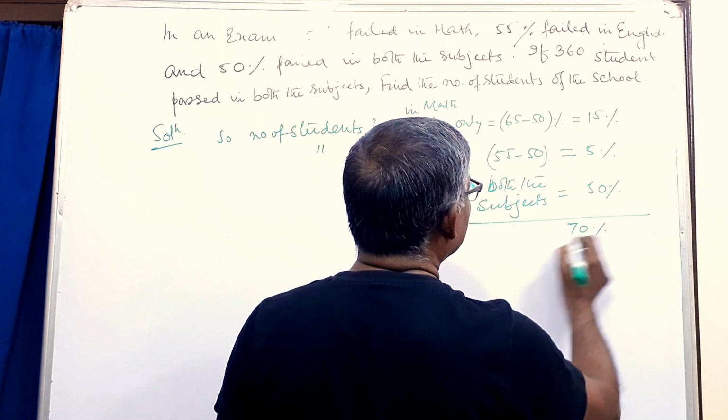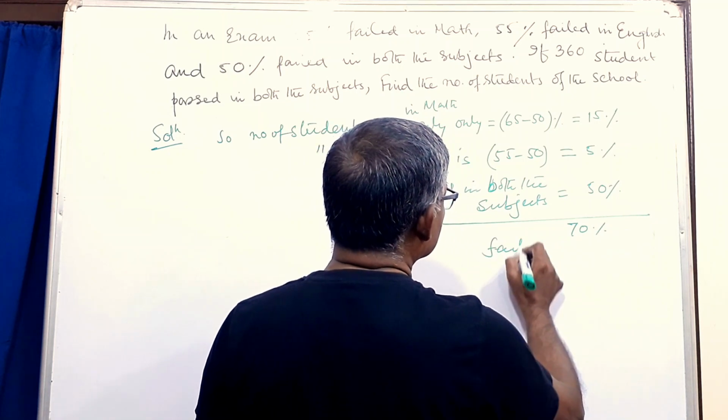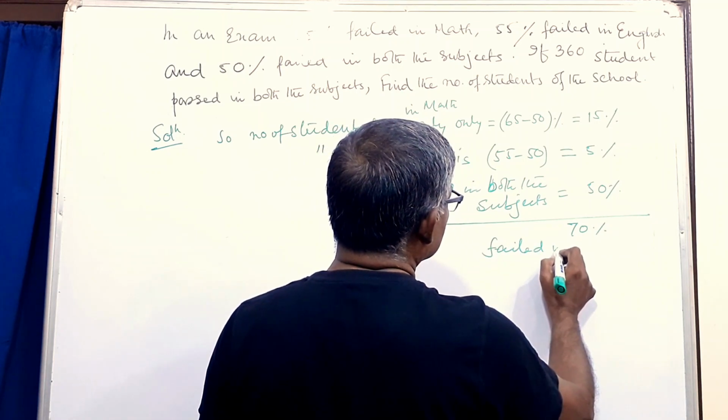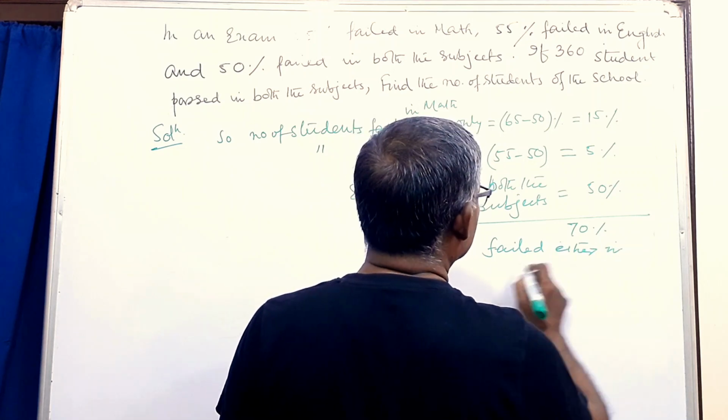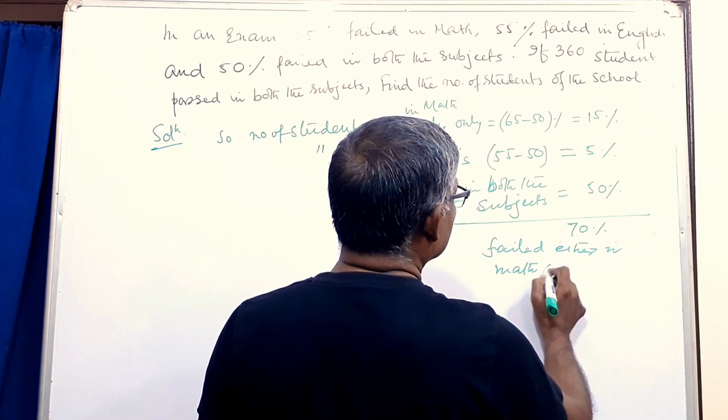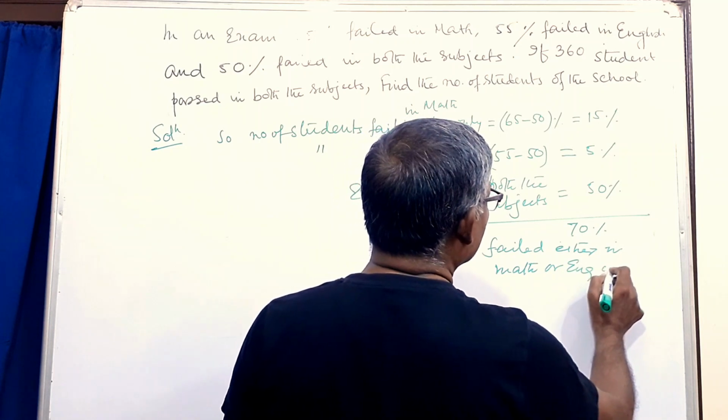So 70% failed in either math or English or both.